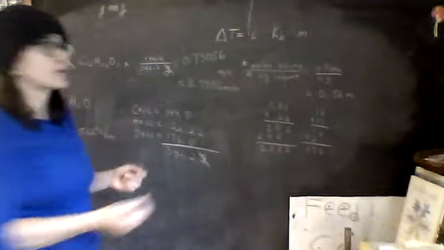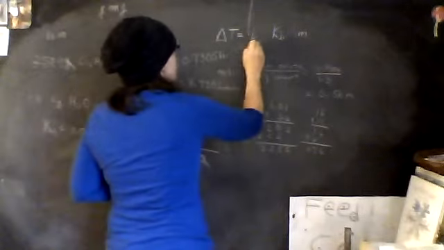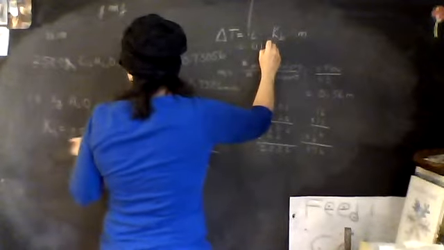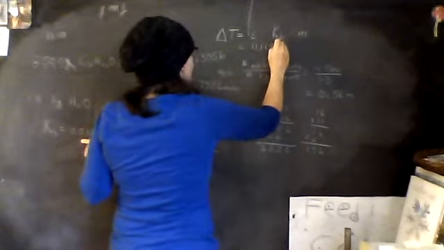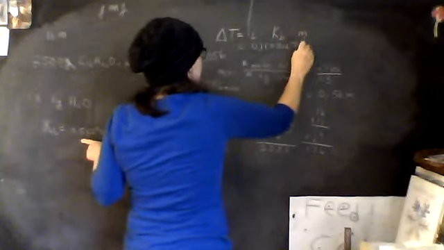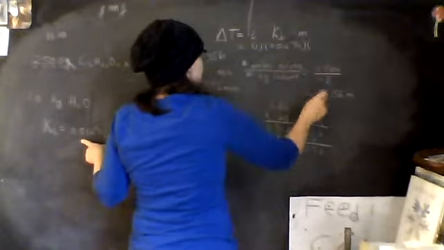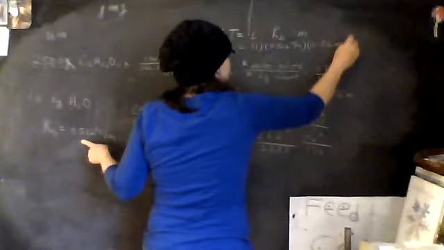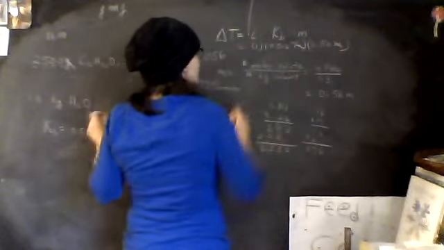i is 1. So we're going to say delta T equals 1 times Kb, 0.512 degrees C per molality, times the molality, which is 0.56. So molality will cancel.